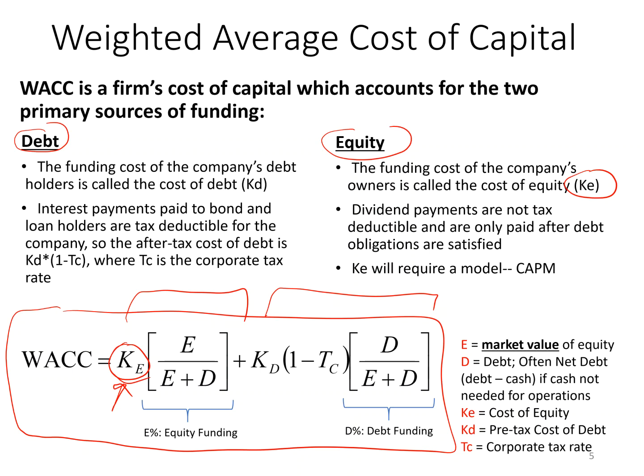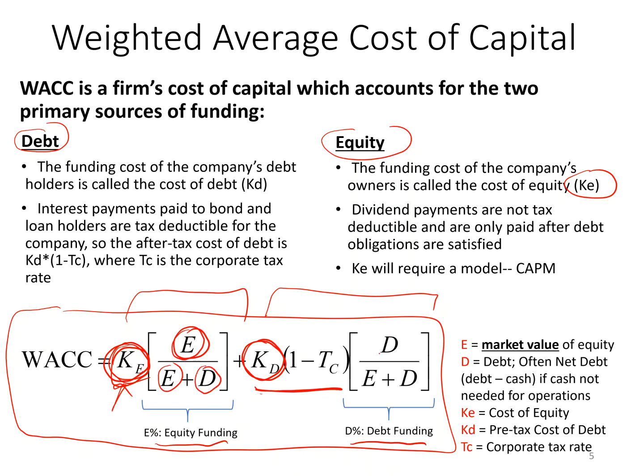So the weighted average cost of capital looks at what rate of return your shareholders demand, what rate of return you are going to give your bondholders, and that's going to be after tax, and then you're just going to weight it by the percentage of equity financing in the firm and the percentage of debt financing in the firm. That equity percent is going to be the market value of your stock divided by the sum of the market value of your stock and the value of your debt.